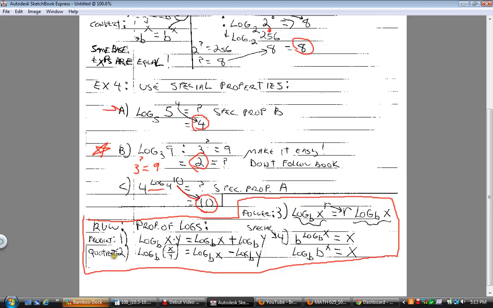You could see the product rule, quotient rule, power rule, special rules A and B. And while there's a lot of letters, if you practice saying B for base, X for the numerator, Y for the denominator, when you see the subtraction, just as an example, you're talking about the quotient rule. And going through the homework, it'll help you get comfortable with these. Try to match the patterns and you should be in pretty good shape.